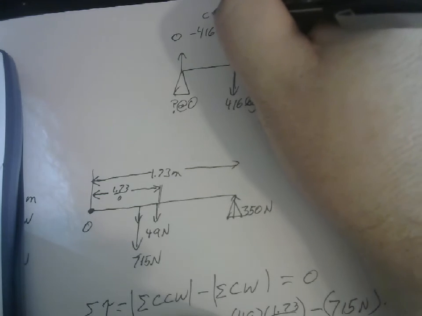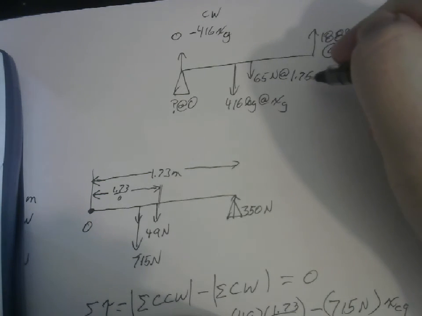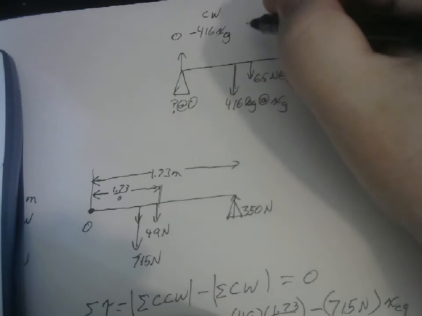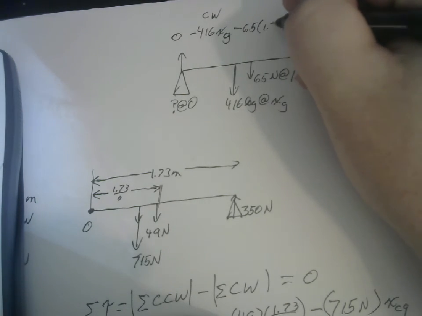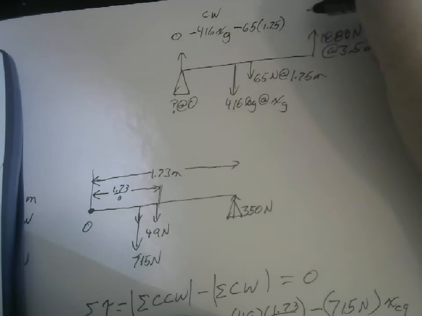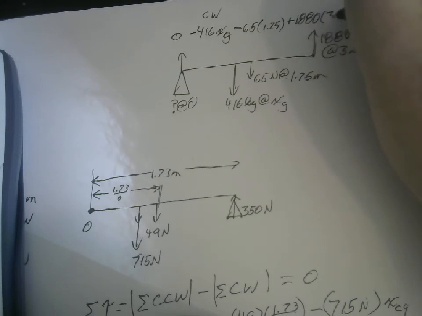Then the 65 newtons of the board itself at 1.75, minus 65 times 1.75. And then counterclockwise, the 1880 at 3.5 that is being measured by the scale, so plus 1880 times 3.5.